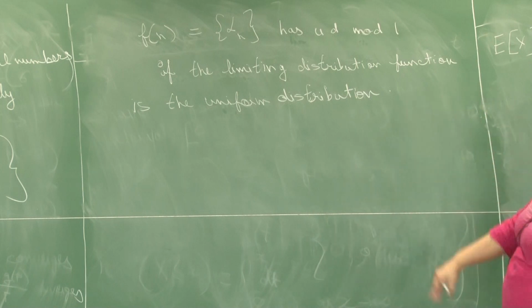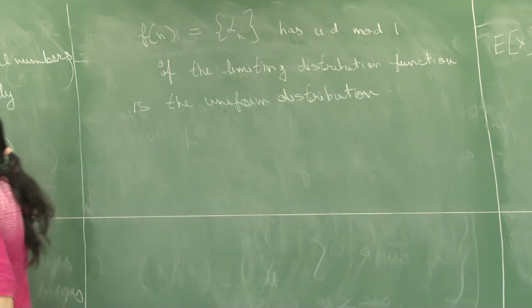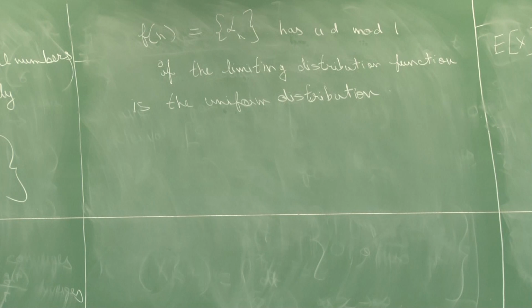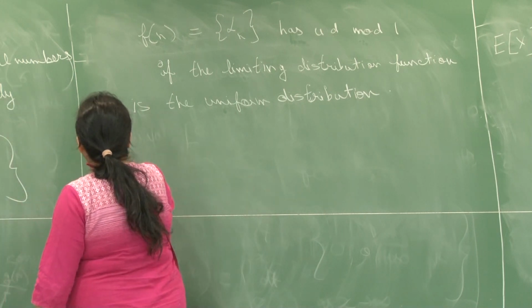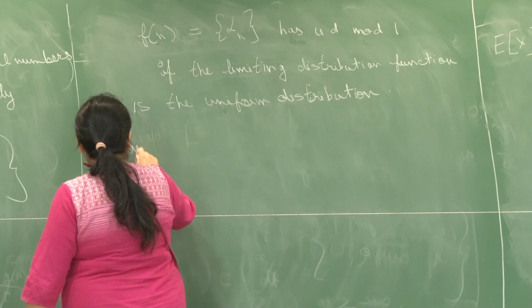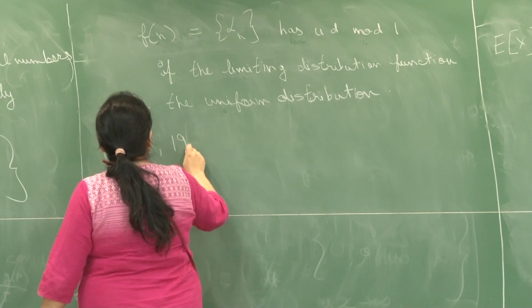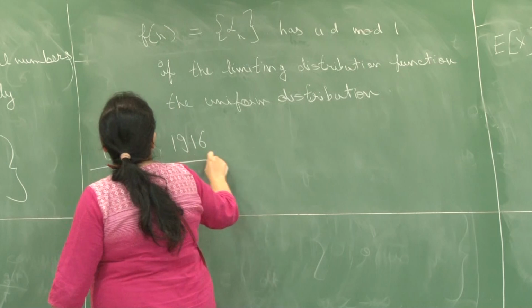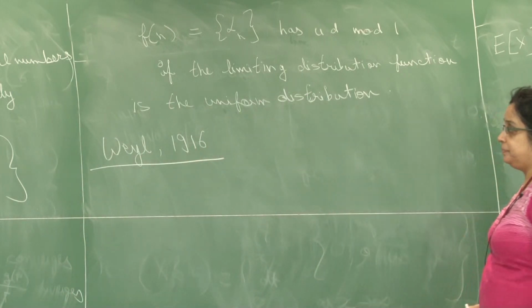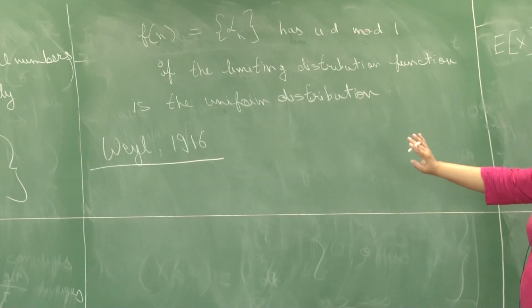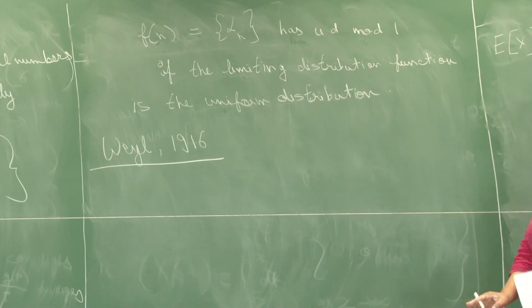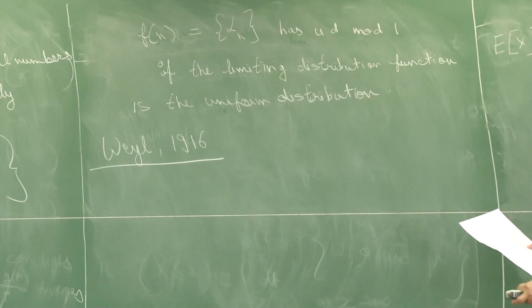Now, what kind of sequences satisfy this? This is another very important topic in number theory, and a very classical theorem of Hermann Weyl states the following, which looks very much like your Levy's continuity theorem applied in the context of this limiting distribution.